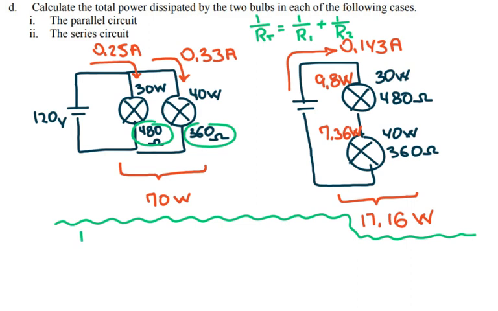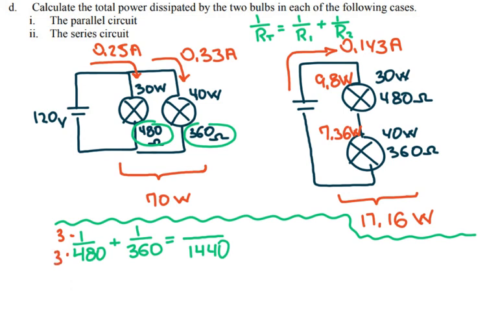So we have 1 over 480, resistance of the first one, plus 1 over resistance of the second one. And the common denominator in this case would be 1440. So to turn the first fraction into 1440 in the denominator, you have to multiply both of them by 3.